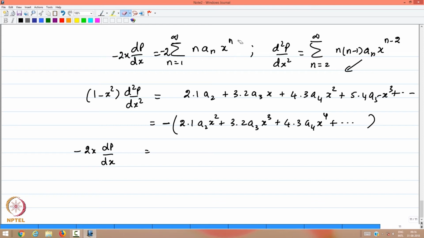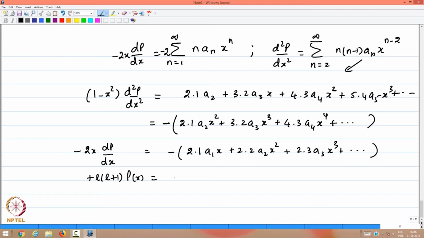So, minus 2x will become minus 2 times 1, n is 1, therefore a1 x, plus 2 times 2 a2 x square plus 2 times 3 a3 x cube plus etc. And the last one is of course plus L into L plus 1 p of x.